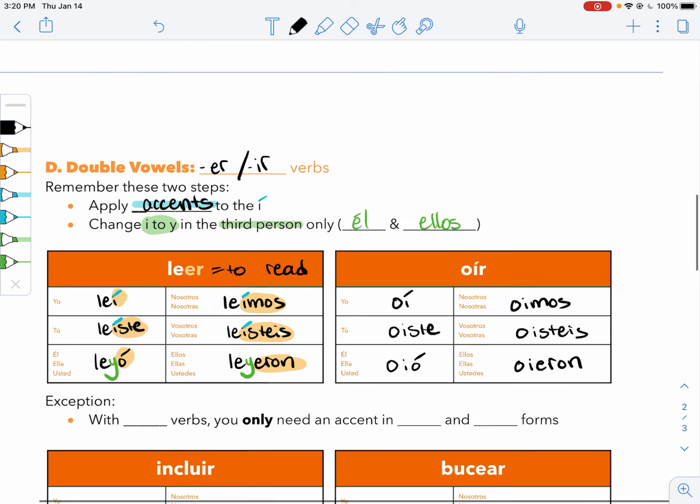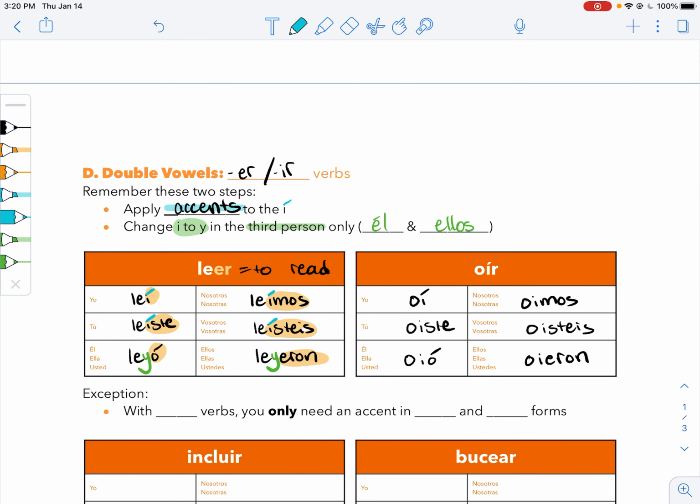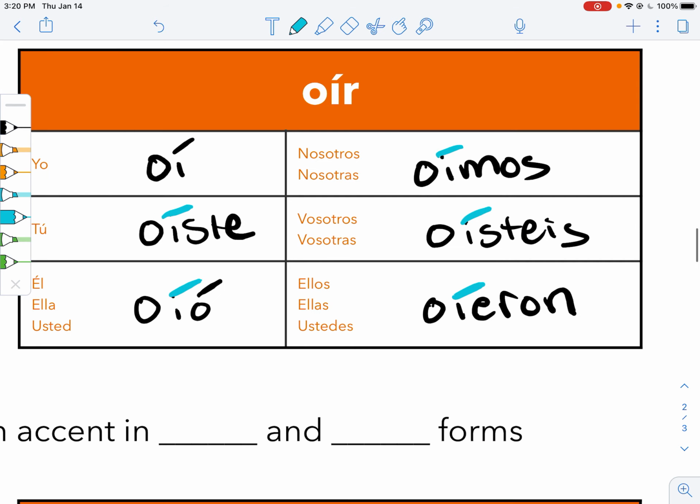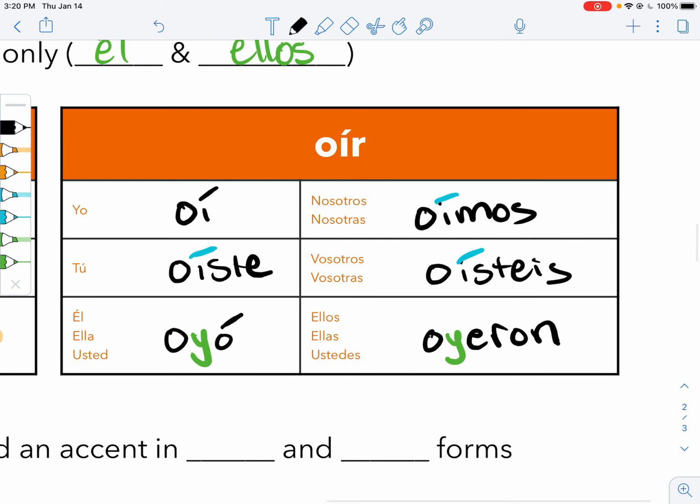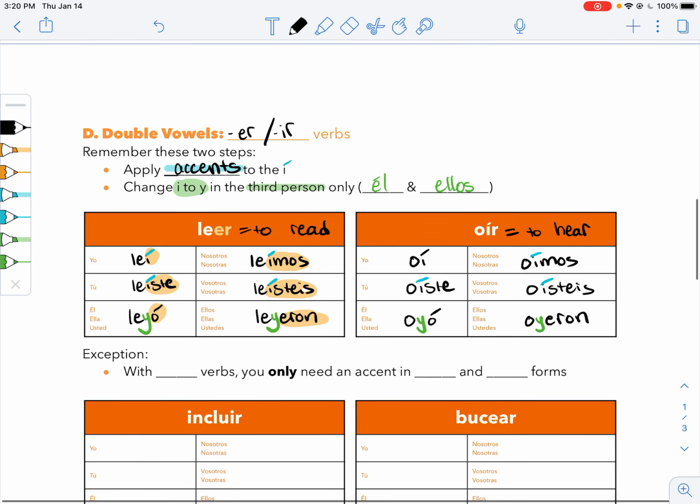Okay, first step, we're going to change all our I's to accents. Nice, giving them a little extra oomph. And then finally, in our third person, we're going to replace those I's with Y's because we made a wise choice. Oír means to hear, by the way. Ta-da!